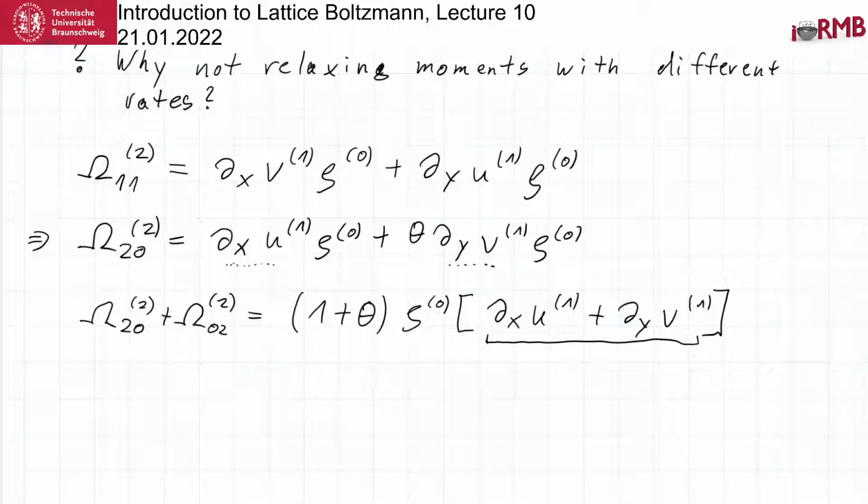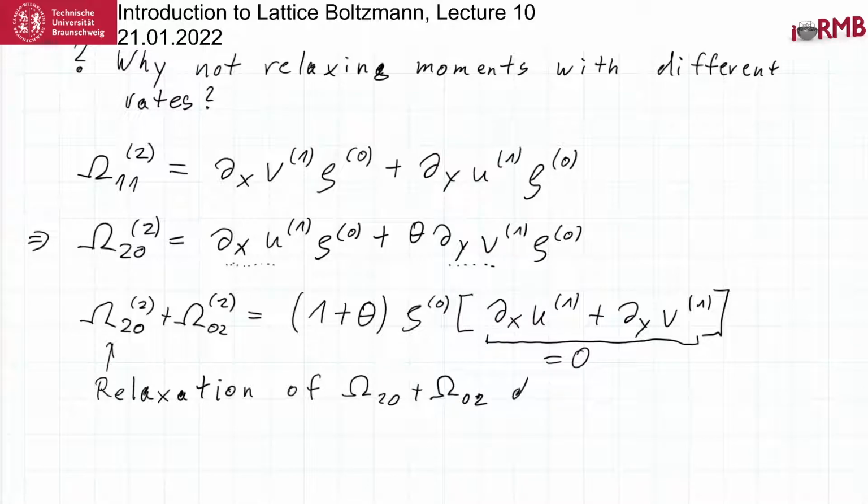Okay, nobody. So the guys on YouTube said something strange. Okay, you can't tell me what this is. This is the divergence of the velocity. If it's the divergence of the velocity, this guy here is 0. And if this guy is 0, this means that the relaxation of this guy does not show up in the Navier-Stokes equation.